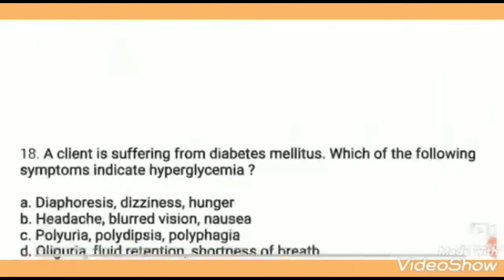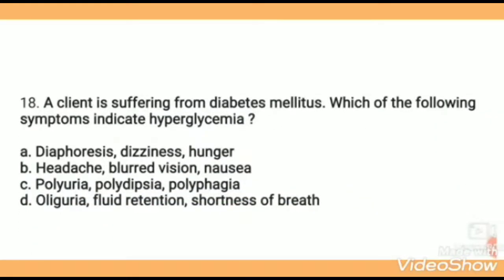Next question. A client is suffering from diabetes mellitus. Which one of the following symptoms indicate hyperglycemia? Diaphoresis, dizziness, hunger, headache, blurred vision, nausea, polyuria, polydipsia or polyphagia, oliguria, fluid retention or shortness of breath.